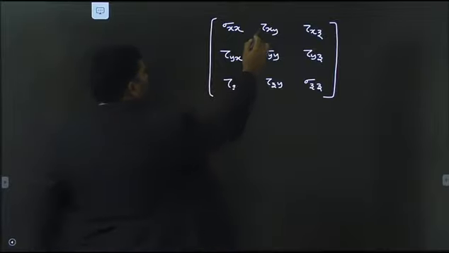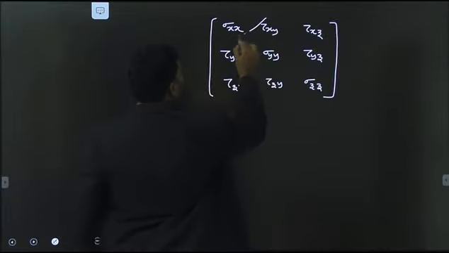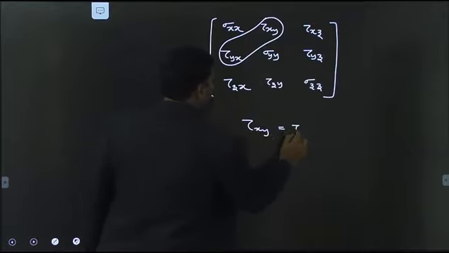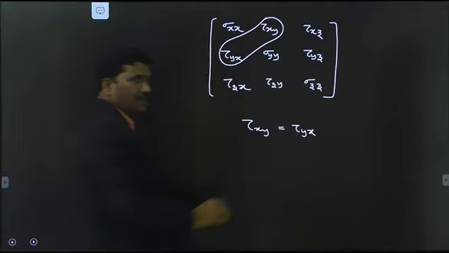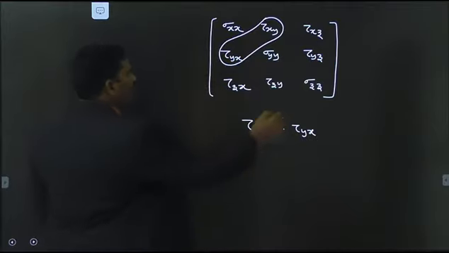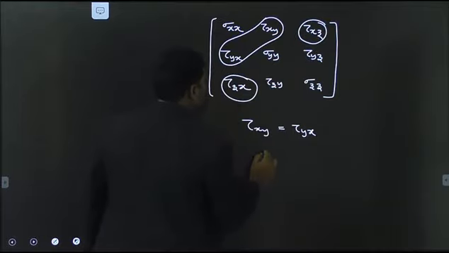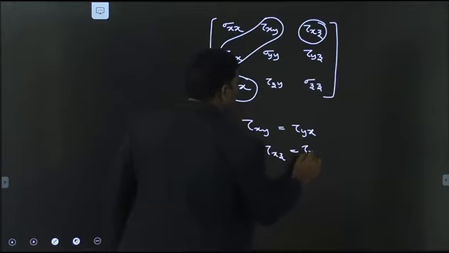Here tau xy and tau yx are equal to each other because I told you shear stresses are crossed, so tau xy equals tau yx. Similarly, tau xz and tau zx are the same. Shear stresses are crossed.